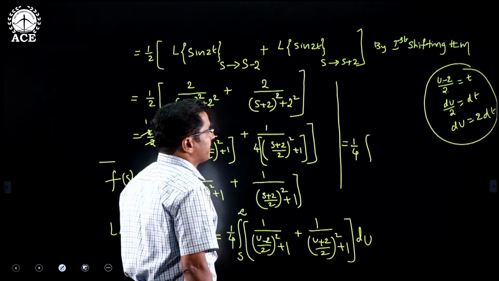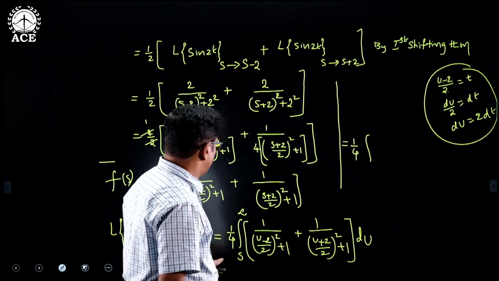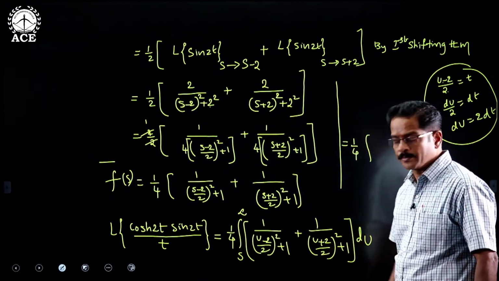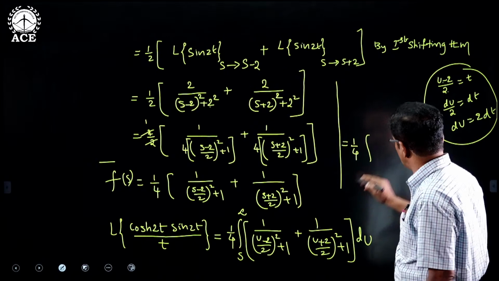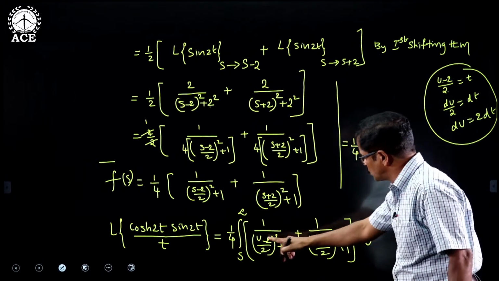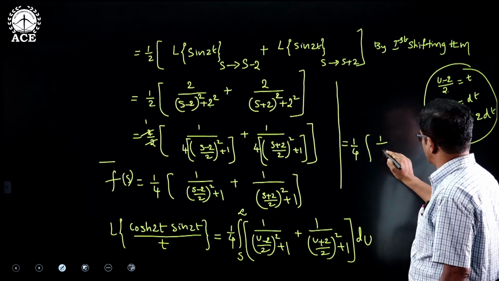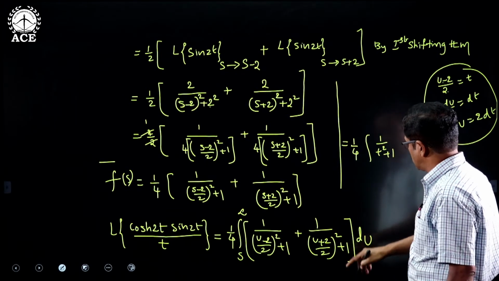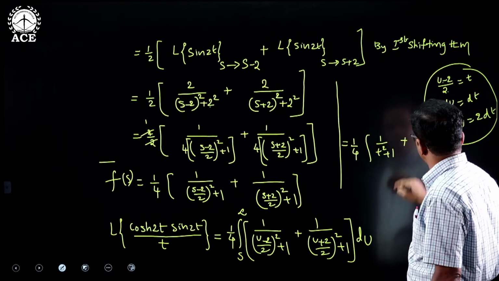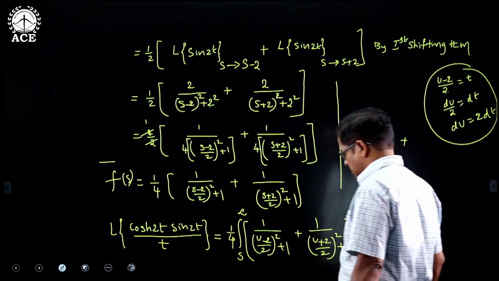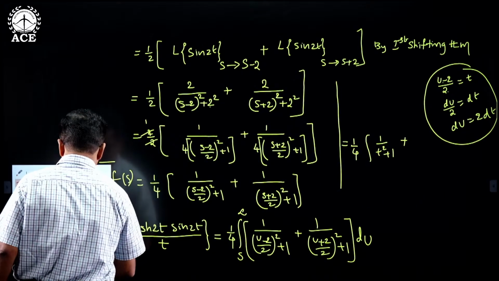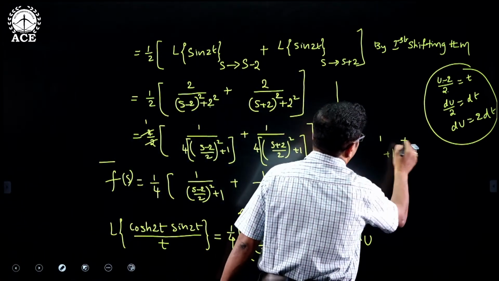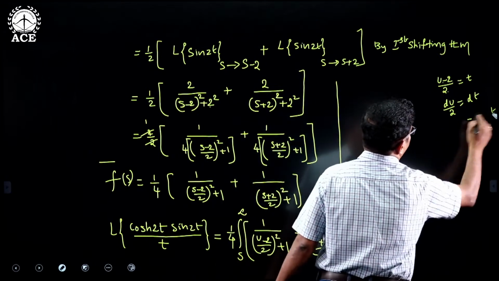When I convert u into t, I have to change the limits, of course. That limits I will tell you later. 1 by, so (u minus 2) by 2 I am taking as t, t square plus 1. Wait, I will do this in the next slide, which is better.